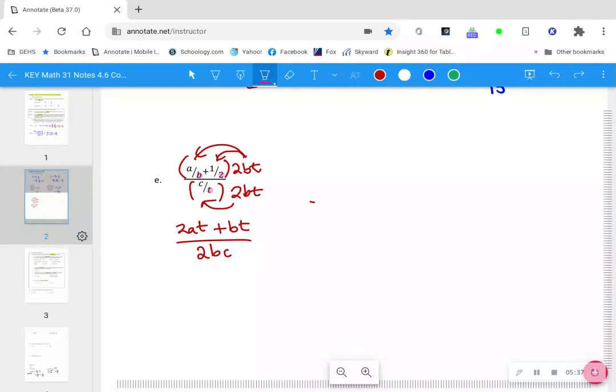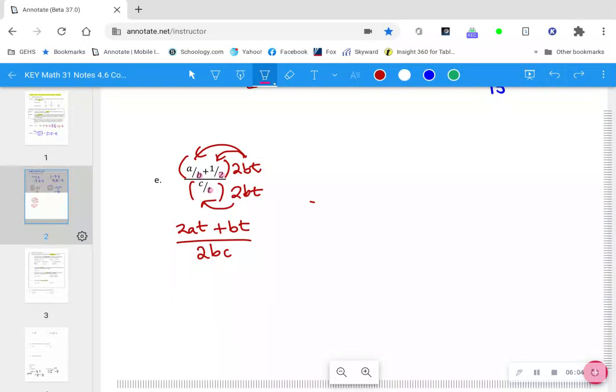And we're not allowed to cancel here or here separately unless, well, it looks like we could cancel these 2's, but this plus sign is like death to that idea, okay? Canceling has to have multiplication, not addition next to it. So you're better off just leaving this one alone, because if you start to cancel it, you're probably going to mess it up.